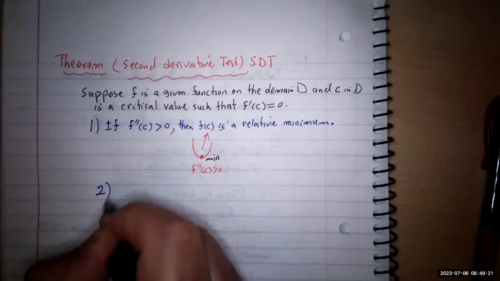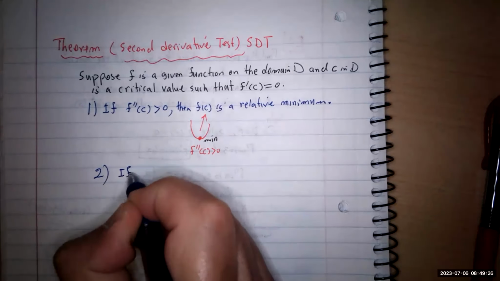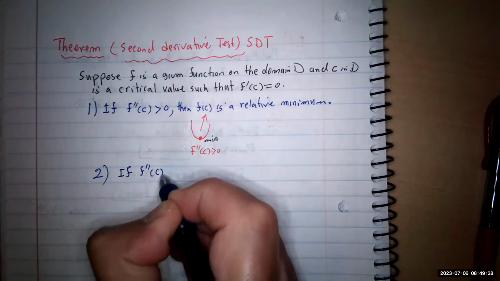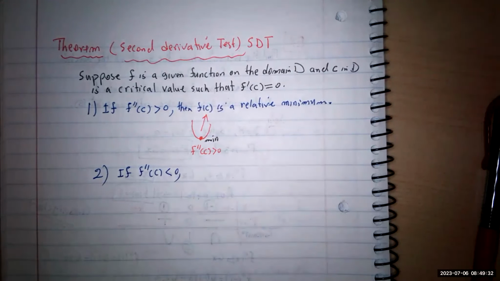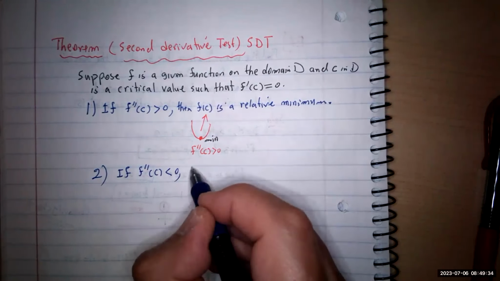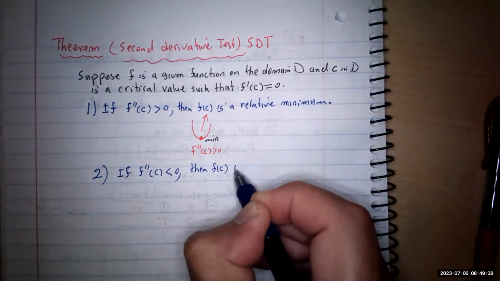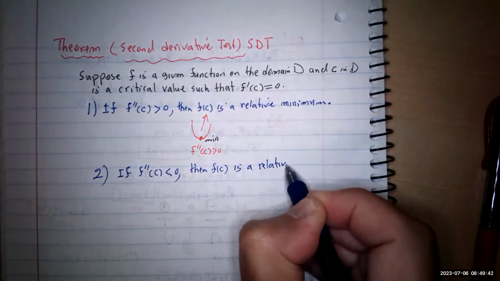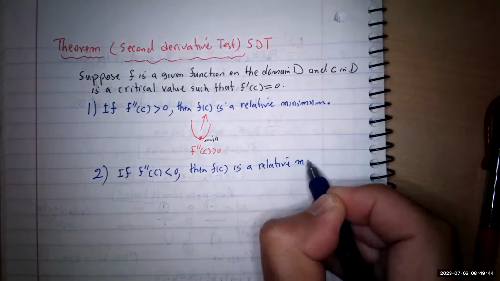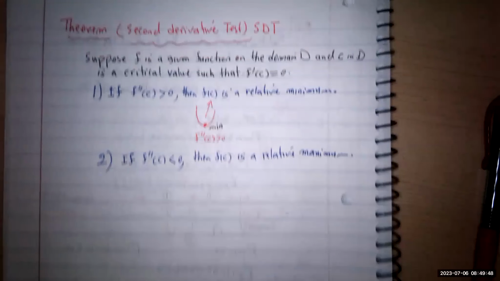Okay, second case. If f double prime, no chart is needed. If f double prime of C is negative, negative means down. Down means maximum. Then f of C is a relative maximum. That's it.